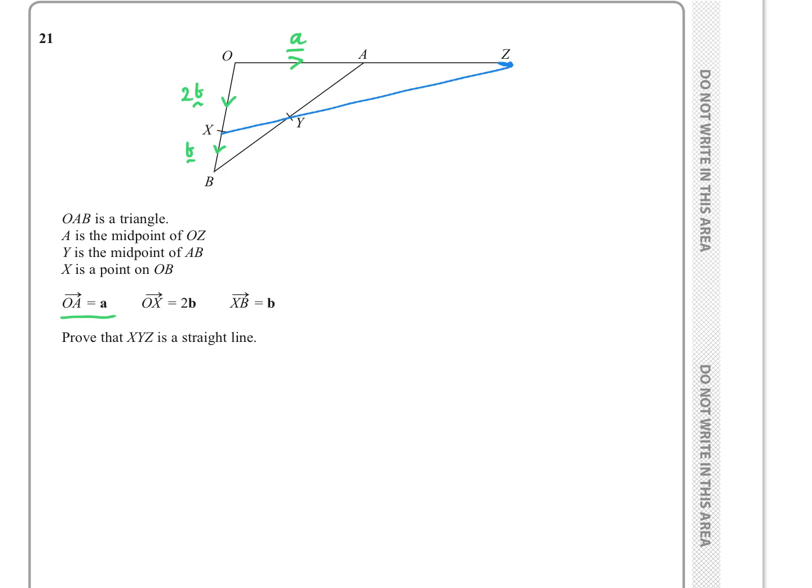Now, let's see if we can find X to Y and then separately Y to Z, and then we'll see how they join up, so to speak. The first thing to look at is, it's not so much the obvious thing here, but it does say that Y is the midpoint of A to B. So how can we do a journey from A to B?